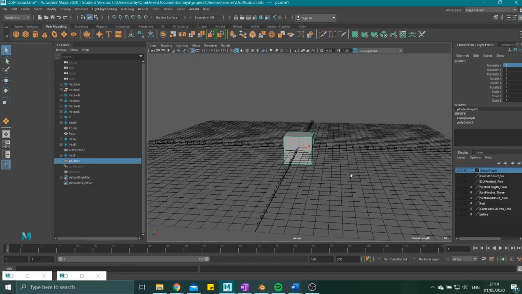What vectors allow us to do is take things like force, velocity, weight, acceleration, displacement, and they help us visualize and calculate them. So if you're thinking of any sort of movement in the real world, if you want to put that into your scene in 3D, vectors are really going to help you translate that into your scene.